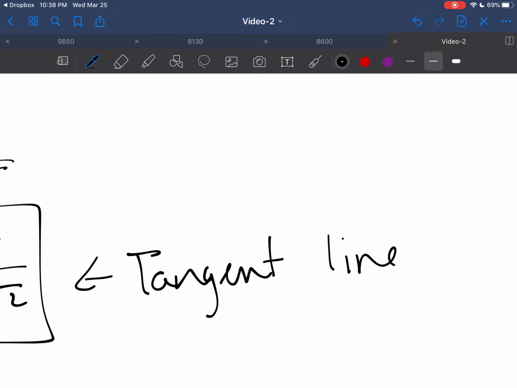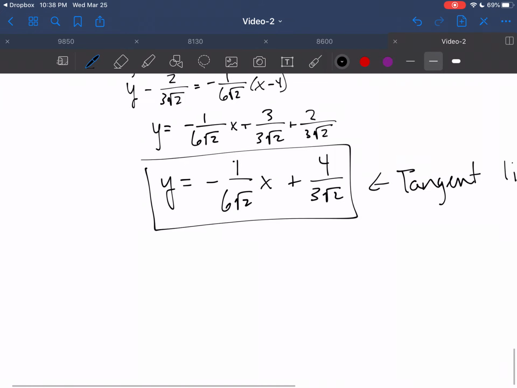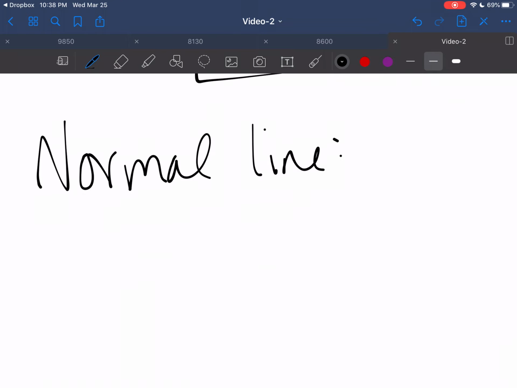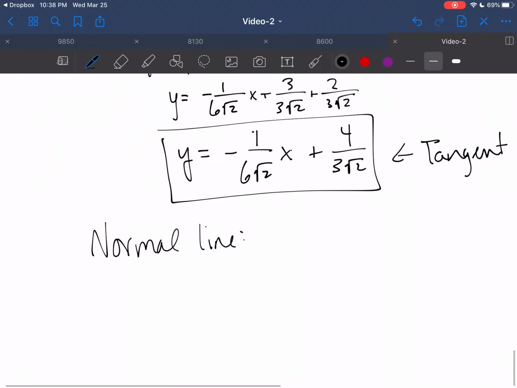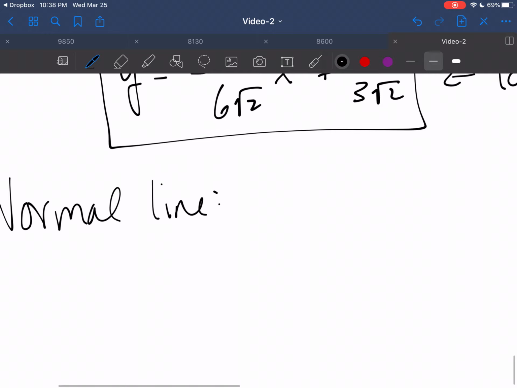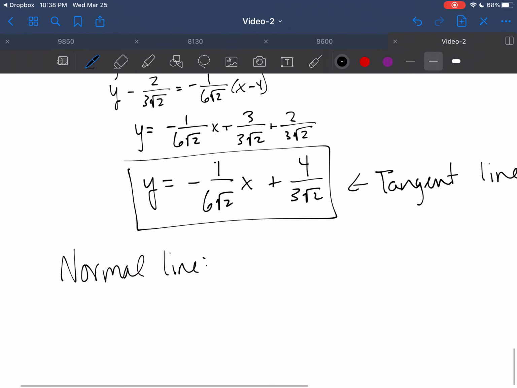So our last step is to find our normal line. So we're looking for the line that's perpendicular to our tangent line. Okay, so that means it'll just have the reciprocal slope.